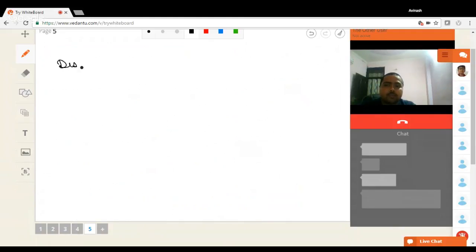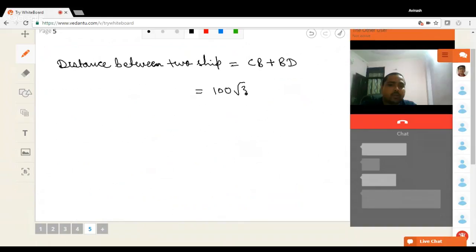So I can write here, the distance between two ships is equal to CB plus BD. And we know very well CB is 100 root 3 plus 100. So you can see here 100 and 100 we can take common. So I have taken 100 common. Root 3 is left from the first and 1 is left from the second term.